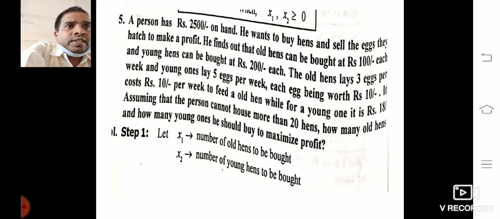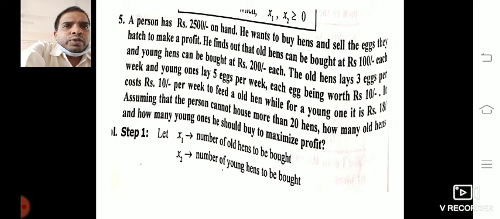The old hens lay 3 eggs per week and young ones lay 5 eggs per week, each egg being worth rupees 10. It costs rupees 10 per week to feed an old hen, while for a young one it is rupees 18. Assuming that the person cannot house more than 20 hens, how many old hens and how many young ones should he buy to maximize profit?